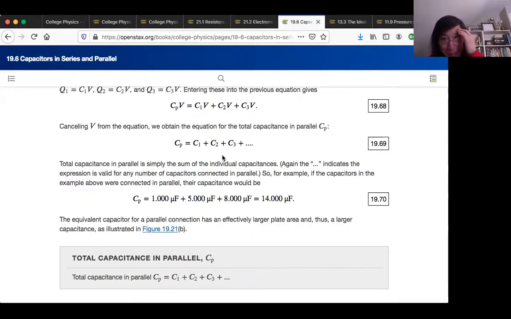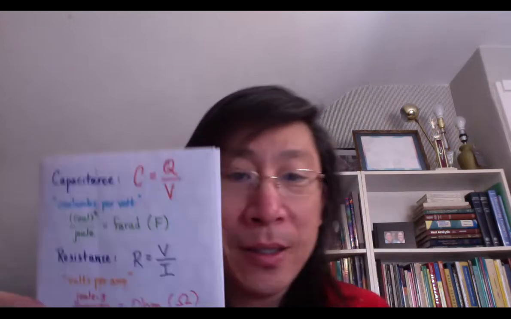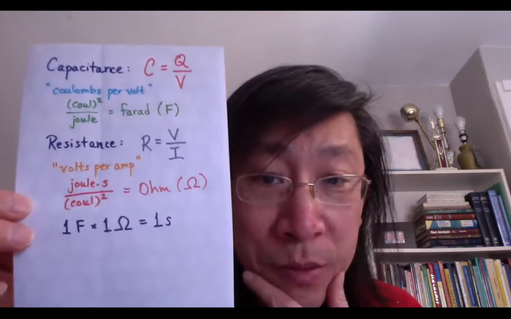Capacitors in parallel add that way. Isn't that neat? I think it's cool. I want you to understand that so that when you're doing calculations, it's very useful to know, but conceptually, just imagine they act very opposite from one another. And why not? You would expect that to happen, wouldn't you?